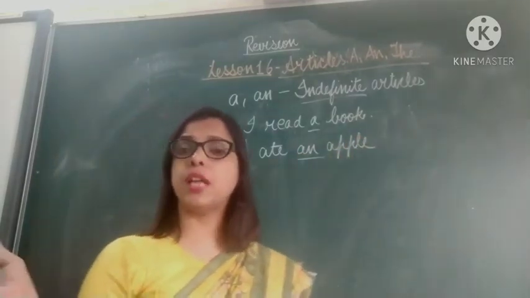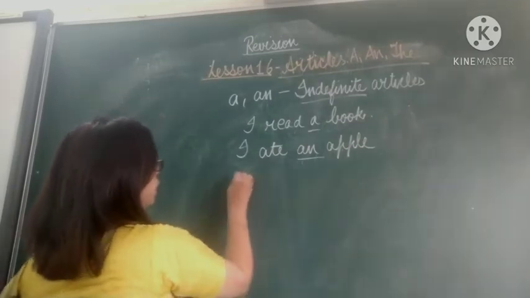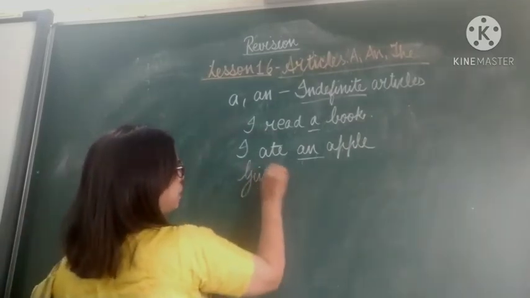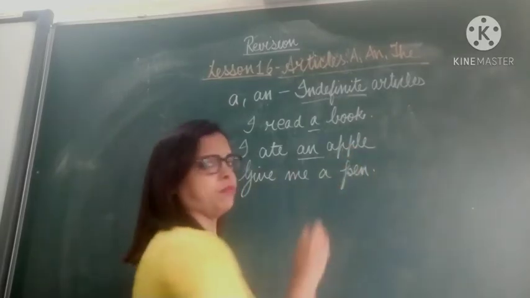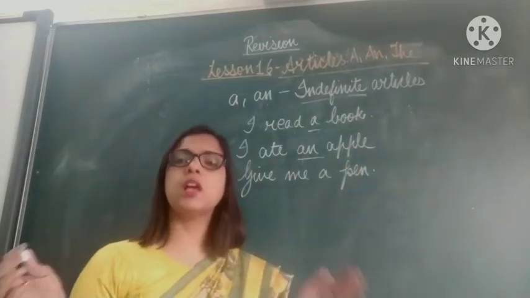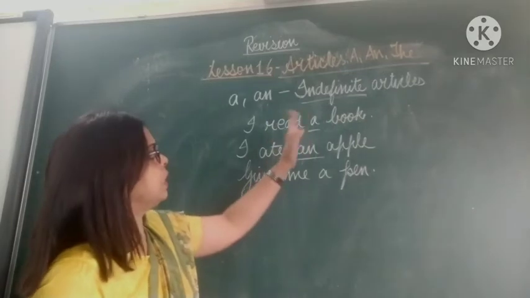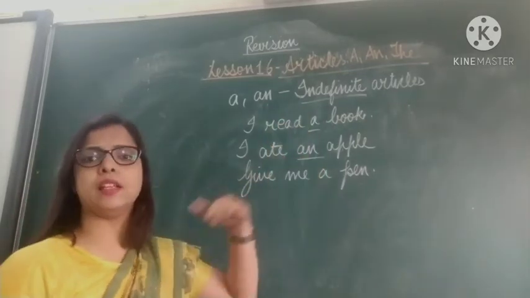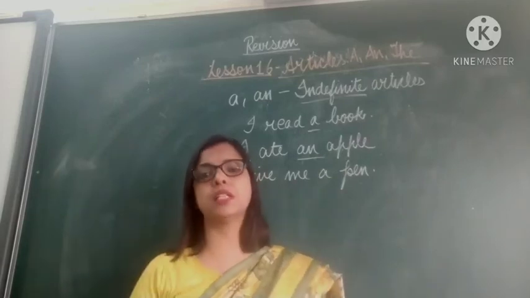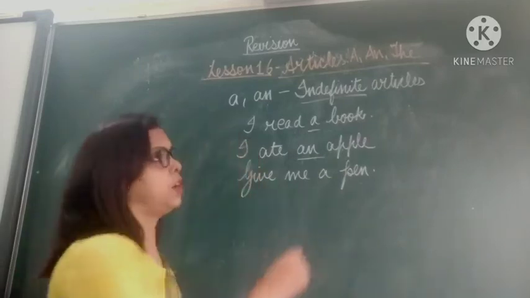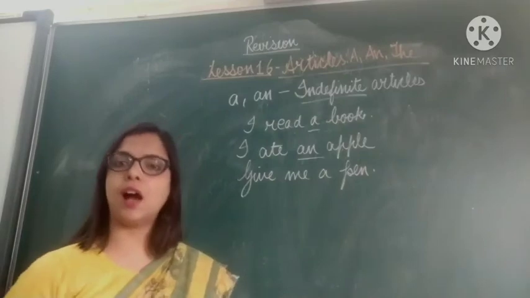I am not talking about any specific apple. Give me a pen. Again, any pen. Okay. So, because a and an do not refer to any particular person, place or thing, any definite person, place or thing, that is why they are known as indefinite articles.